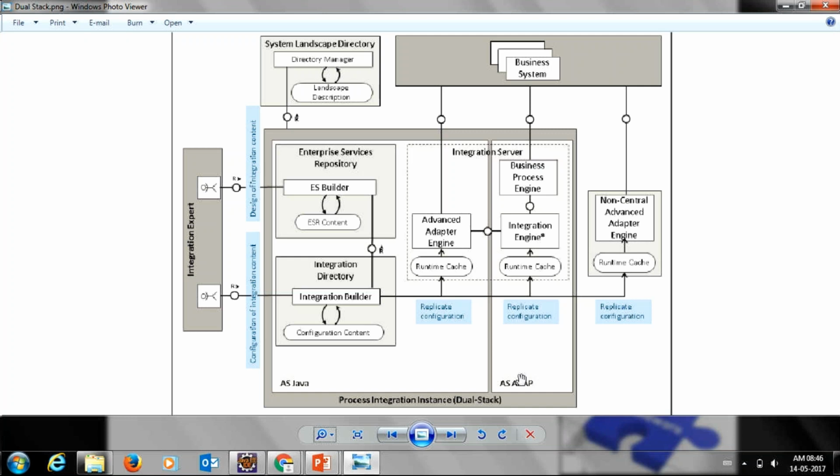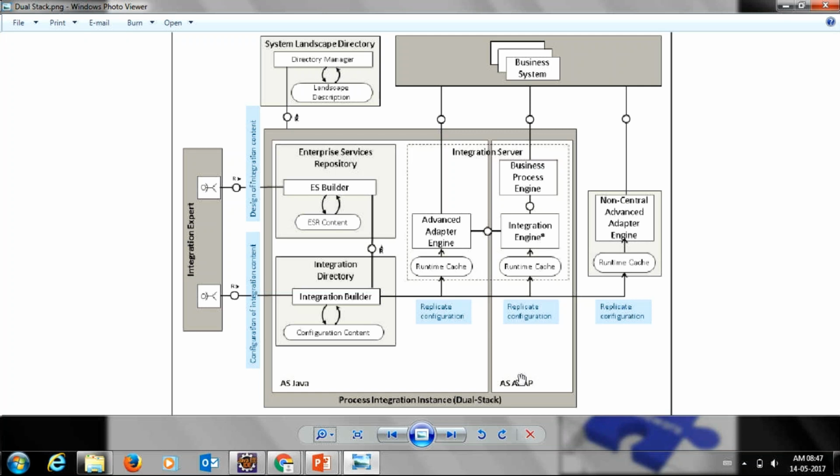Let's say a scenario where a text file is taken and you want to send it to some SFTP server. That text file is first taken by Java, converted to XML, and provided to the ABAP stack, where the required mapping is done.